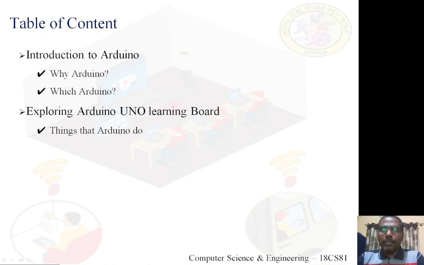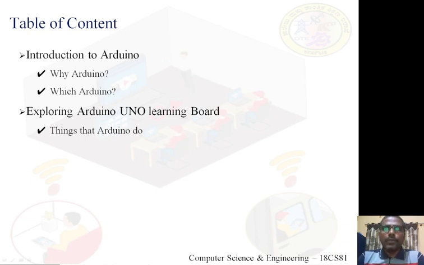This Arduino Uno is used in the majority of projects when compared to other variants. After exploring the Arduino Uno board, we will see what things Arduino can do. So this is the agenda.